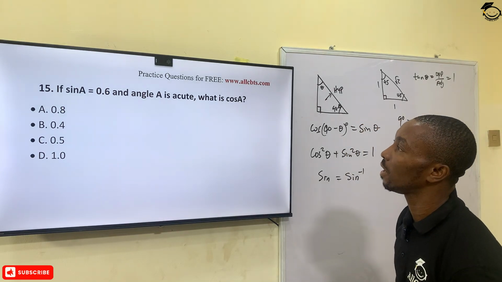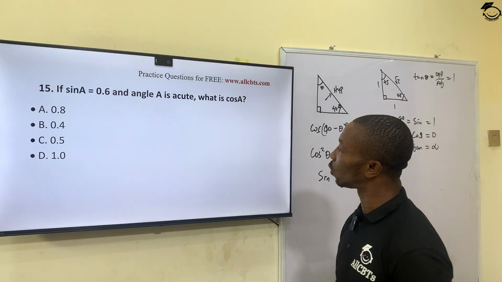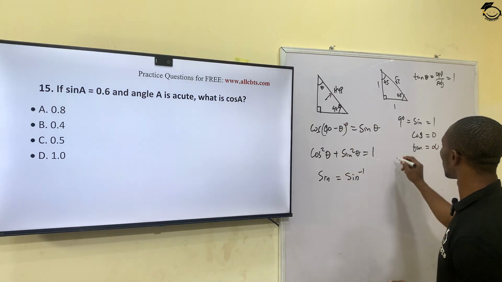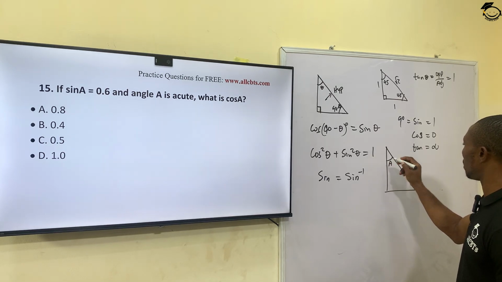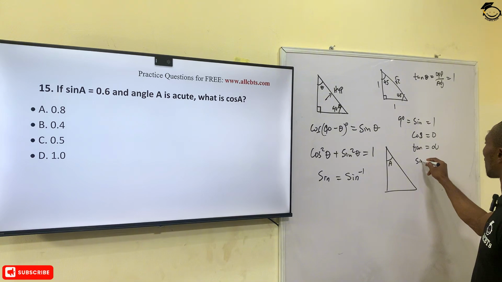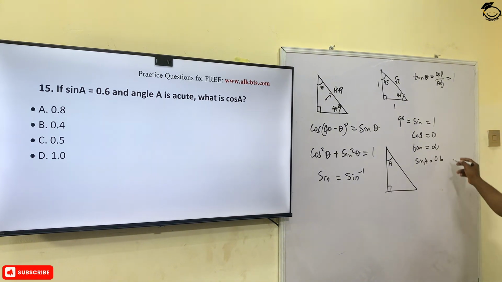If sine A equals 0.6 and angle A is acute, what is cos A? All right, let's look at it. Let's call this angle A. It says sine A equals 0.6. Now 0.6 can be rewritten as 6 over 10.